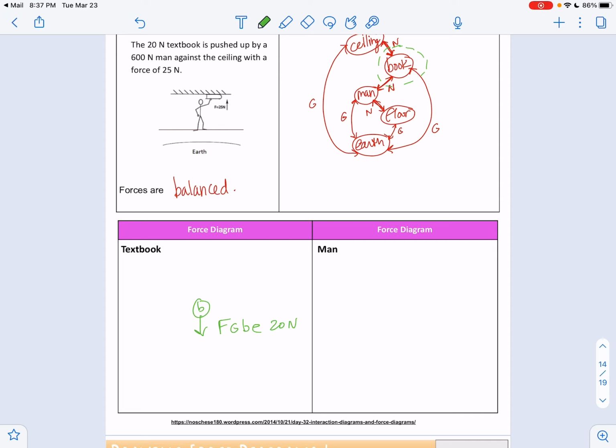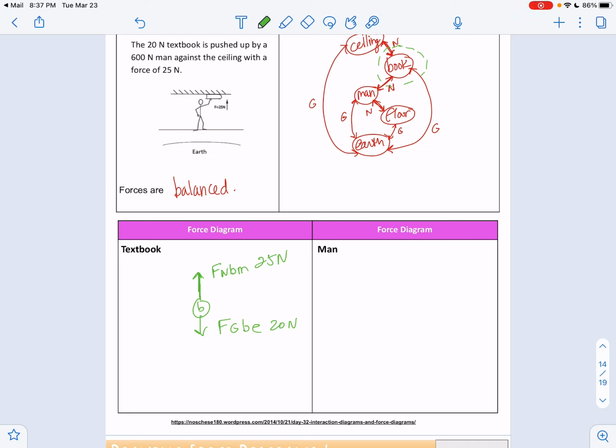The man is pushing the book. Which way is the book feeling it? I would say the book is probably feeling that upward, with a force of 25 newtons, so that's going to be a little bigger than the last one. So Fn, book man. They say that he's pushing with 25 newtons, so that's up, and now I can see that these are unbalanced, but I need them to be balanced.